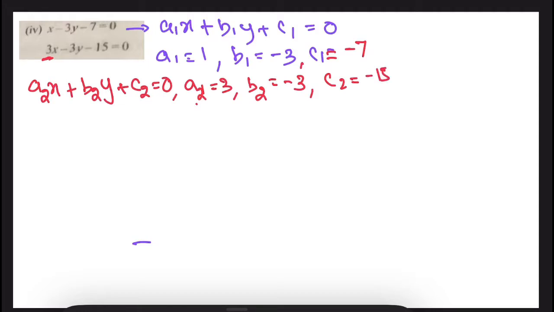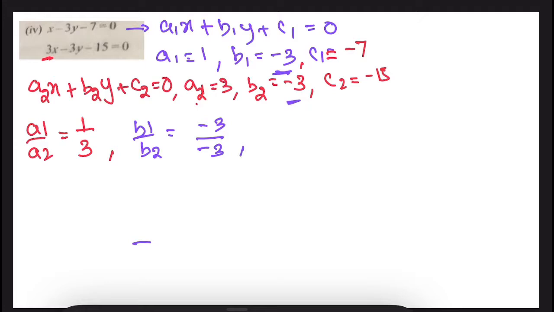Now let us put the ratios, a1 upon a2. a1 is 1, a2 is 3. Got it? Then comes b1 upon b2. b1 is minus 3 and b2 is minus 3. Okay. Then c1 upon c2.